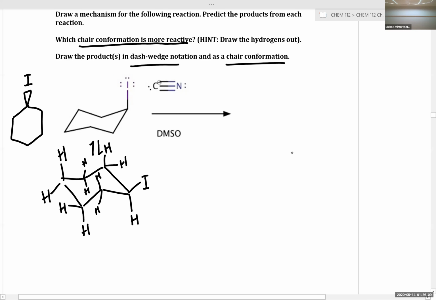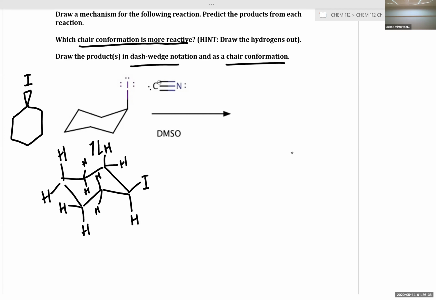So let's take a few minutes and work through this problem and try to draw out our proposed solutions. Really try to look at a model of each of these chair conformations, and I'd like you to tell me fundamentally whether the axial iodine or the equatorial iodine is more reactive in the SN2 reaction.